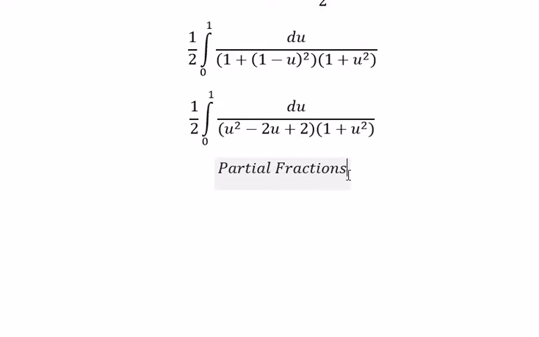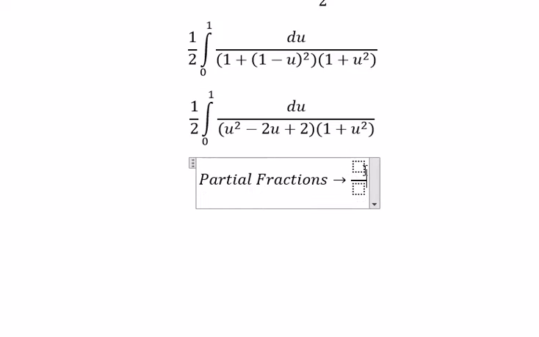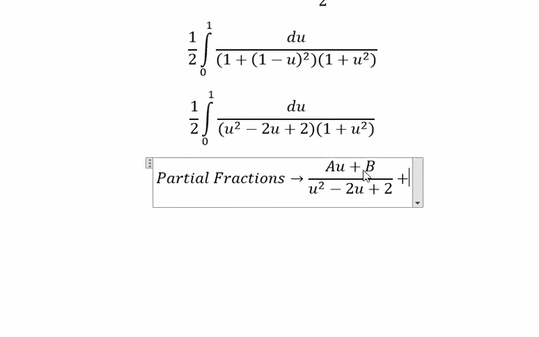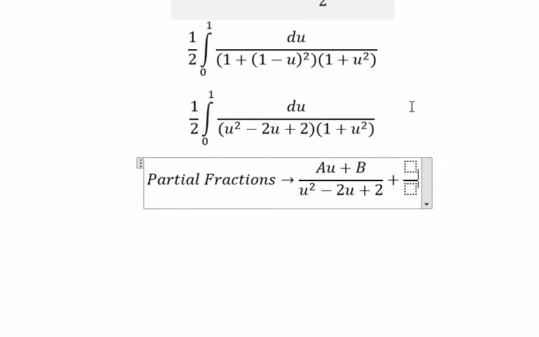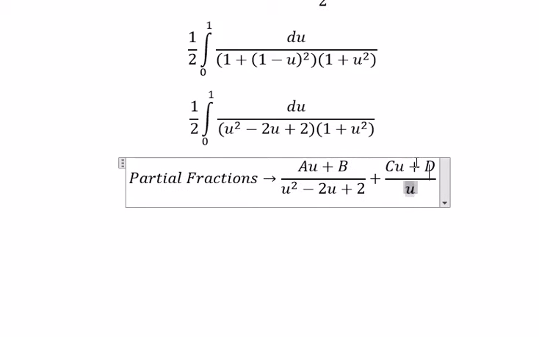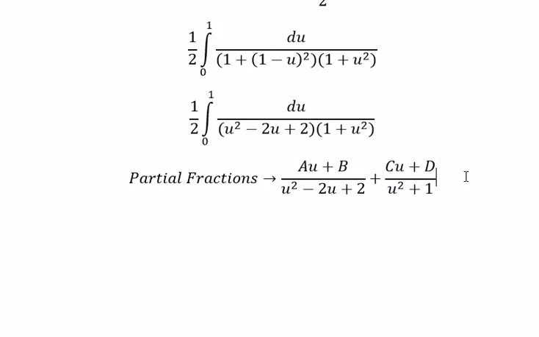So we put capital A u plus b over u squared minus 2u plus 2, and we have cu plus d over u squared plus 1.